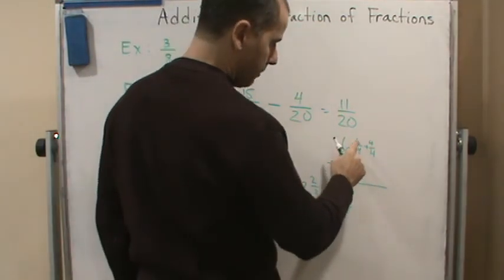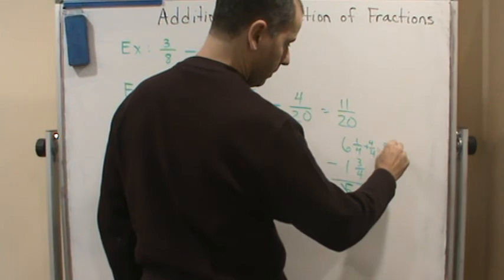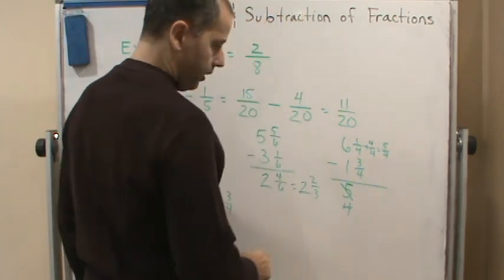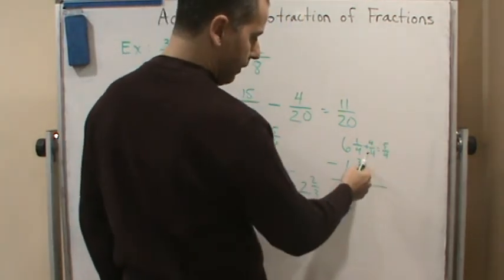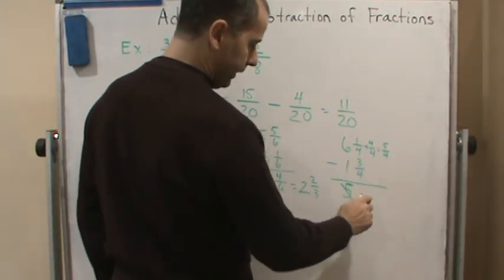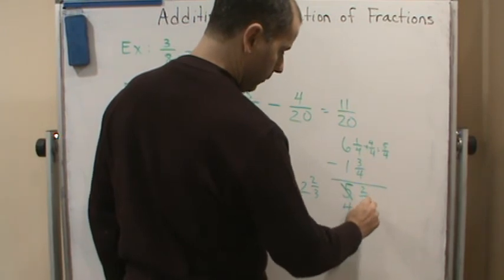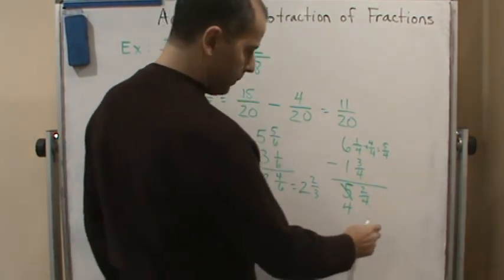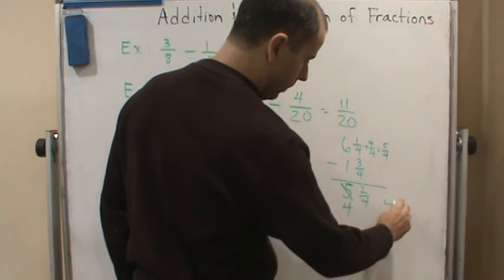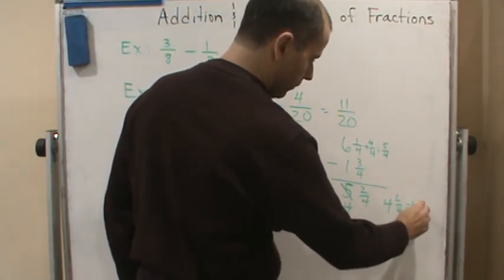So this becomes 5/4. So now I have enough to subtract from. So now I can do 5 minus 3, which gives me 2/4. And so now my answer becomes 4 and 2/4, which is equal to 4.5.